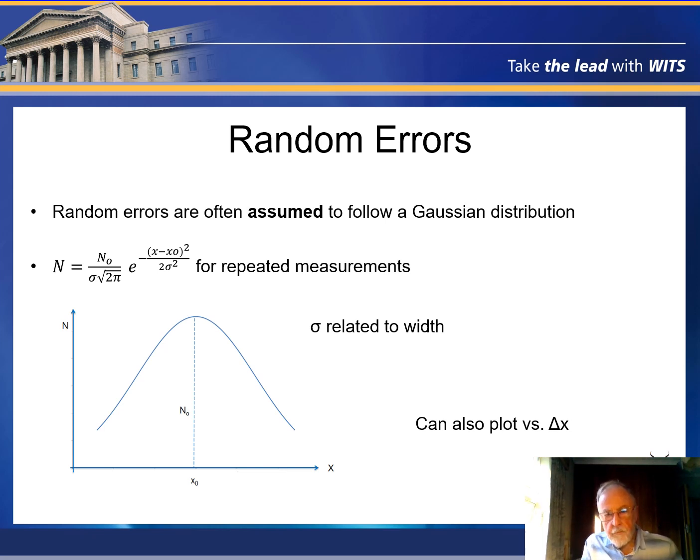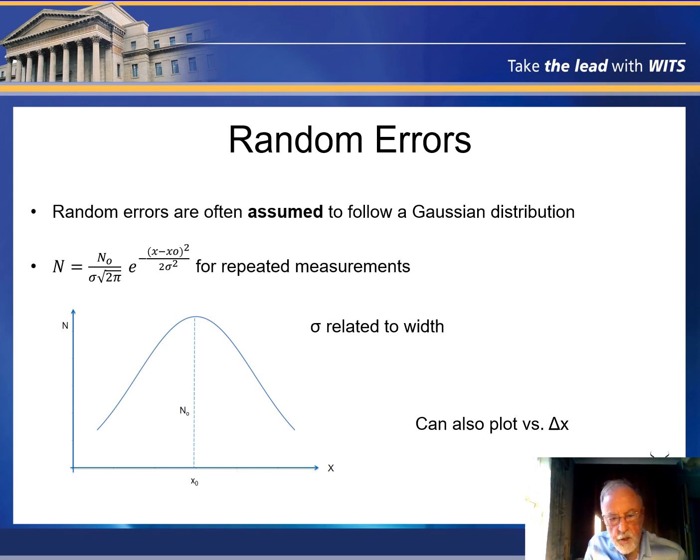So we have to be a bit careful about that. Often the distribution of errors that people have is not really Gaussian, but they say, oh, well, let's use a Gaussian because it's a known function and it's easy to manipulate mathematically.